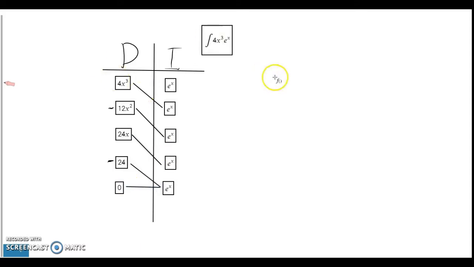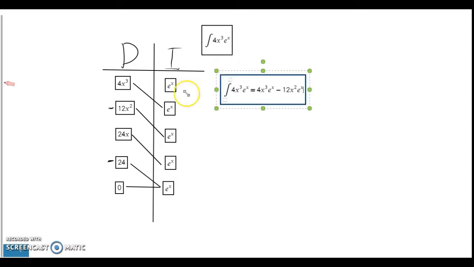Alright, so now I can copy this one, just like before. Paste. So our first term is going to be 4x cubed times e to the x. Now we look at our next term, which is going to be negative 12x squared e to the x.